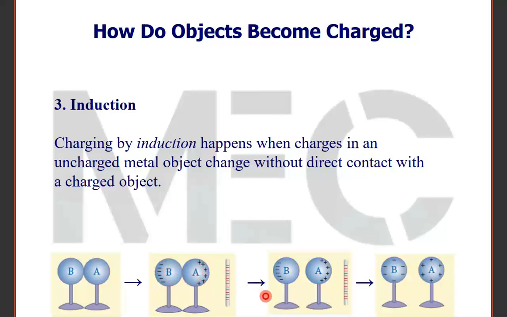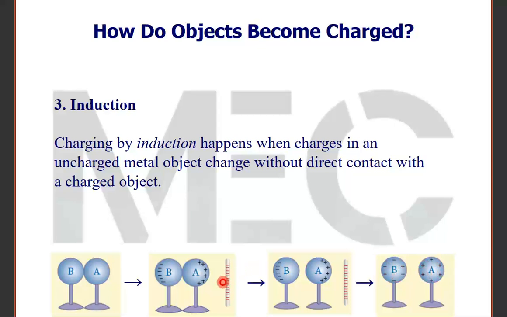And then we can separate the spheres, and in the next step we can move this negatively charged rod far apart. So if we remove this rod, now we have two spheres which are charged. One is positively charged and the other is negatively charged. The charges of them are equal to each other, but of opposite sign.